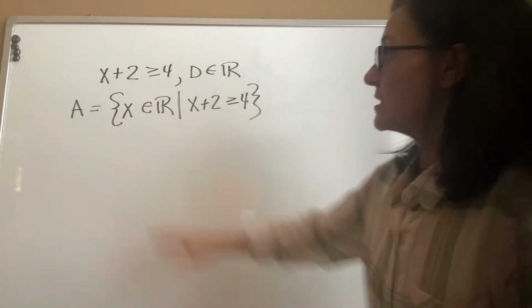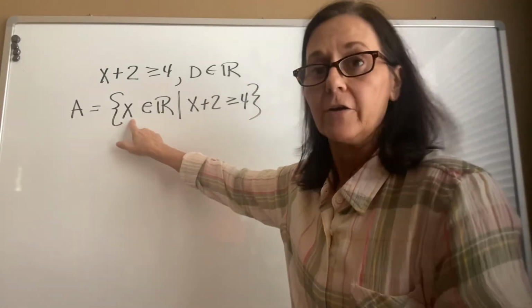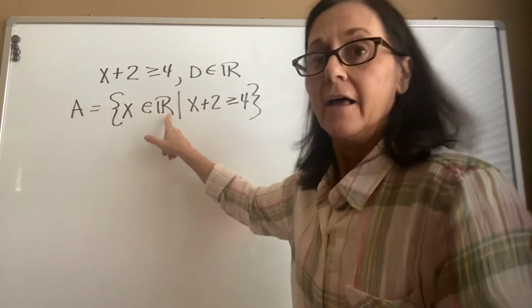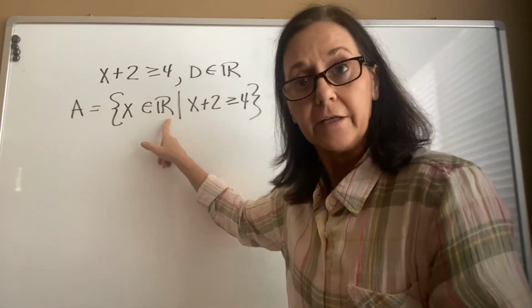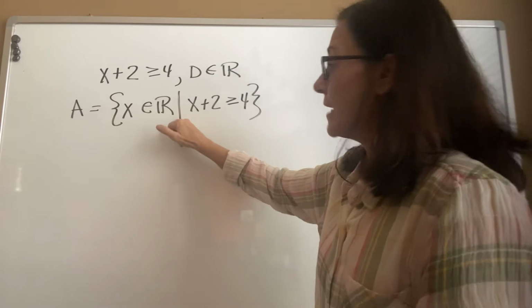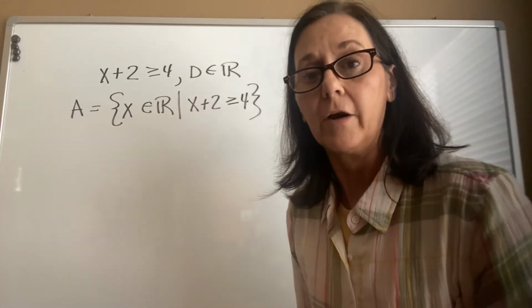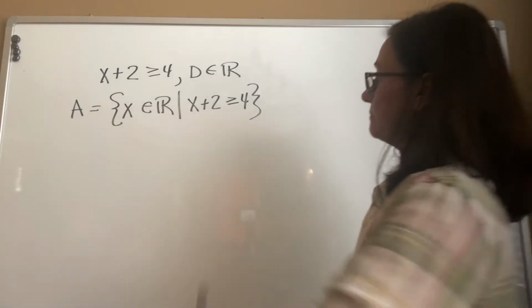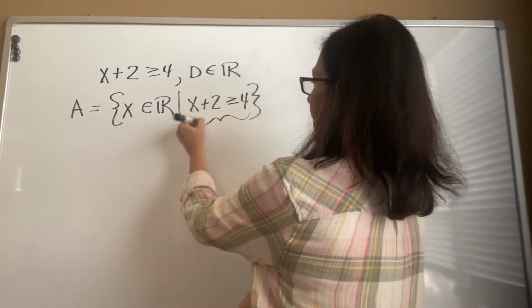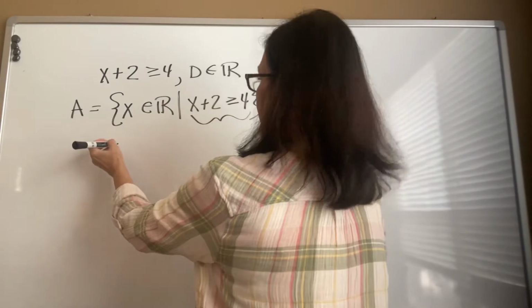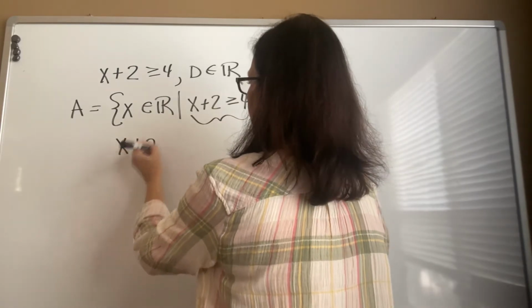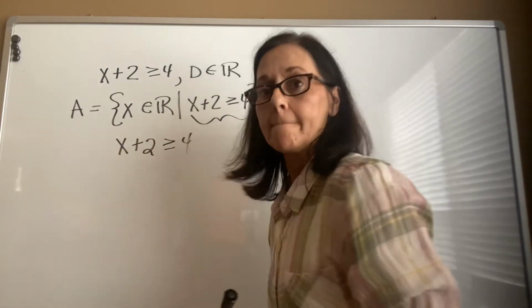All right, so it's a set of all x values in the real number set such that x plus 2 is greater than or equal to 4. And you're going to solve this part and graph it. So let's do it. x plus 2 greater than or equal to 4.